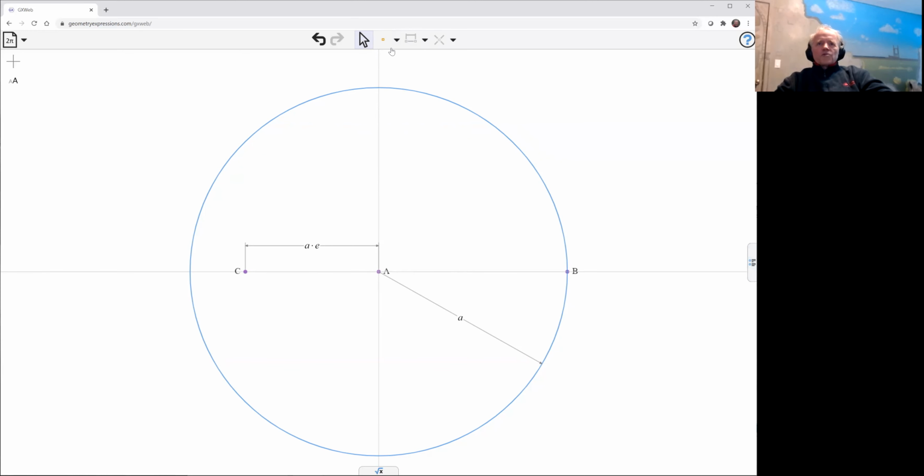Now, what I'm going to do is draw a line to the circumference of the circle. We're going to make that point parametric location T, and we're going to stick in a tangent. And then let's just, for the sake of it, put a point where the tangent crosses the axis.